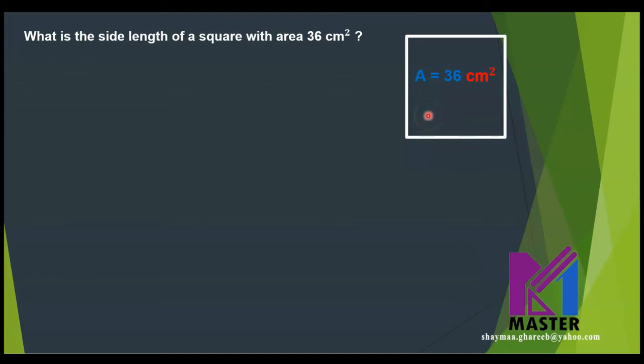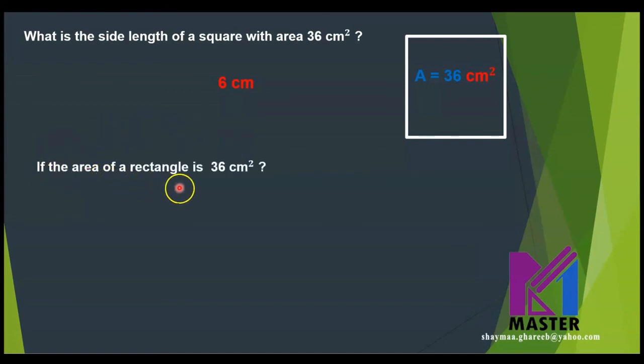So what is the number that, when I multiply it by itself, gives me 36? Of course, it's 6. So the side length of this square will be 6 centimeters, because the length is measured using centimeters. Okay, is this clear?